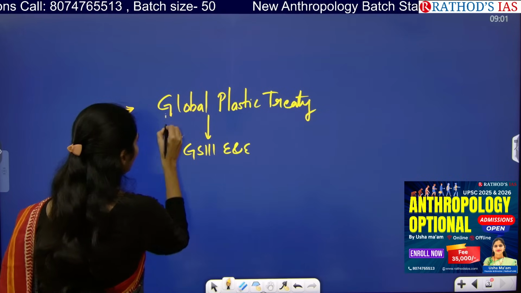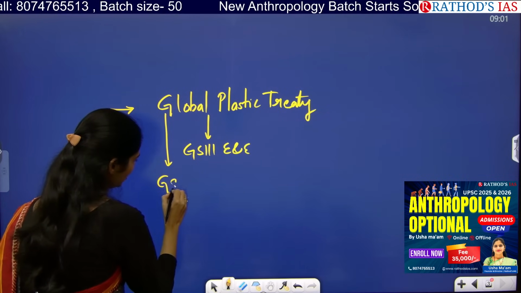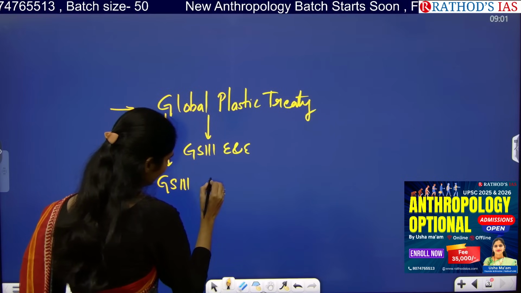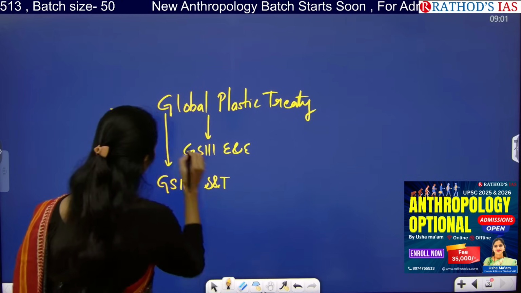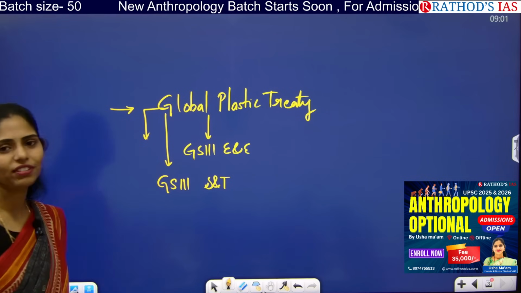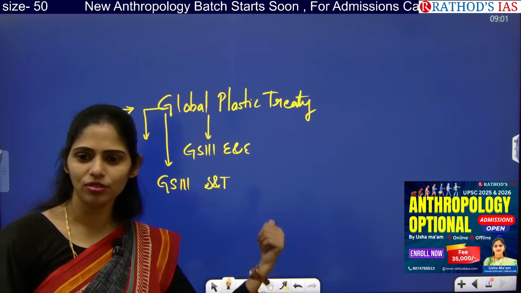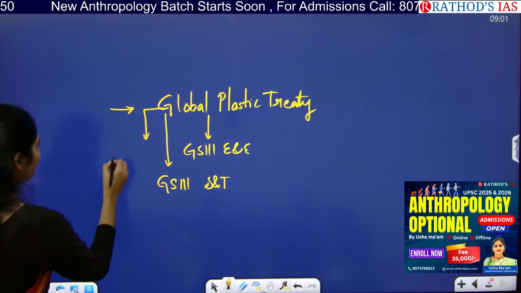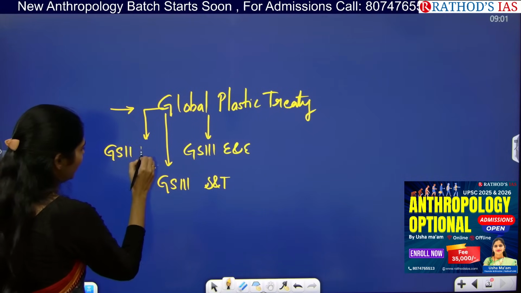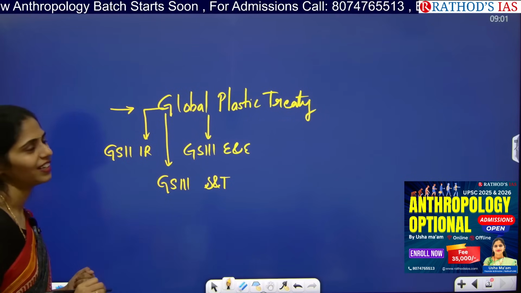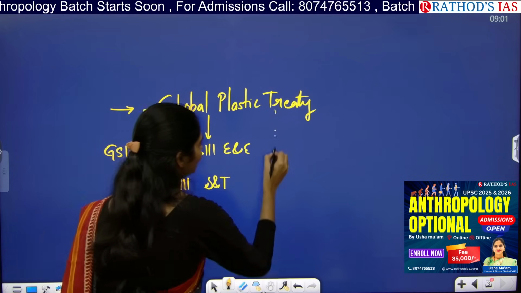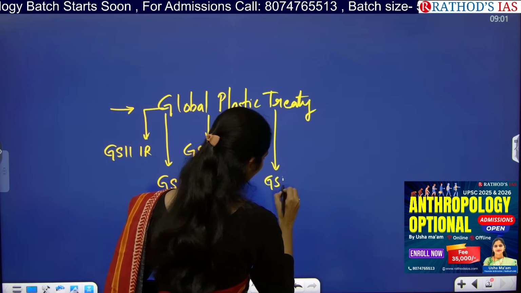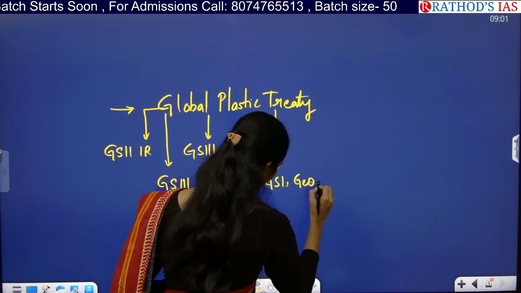Only environment and ecology? Yes, GS paper 3 under science and technology. And another area? We are talking about 175 countries they pulled up to come up with this. Yes, from even GS paper 2 under international relations it is important. And we should not forget the map which comes under GS paper 1 under geography.